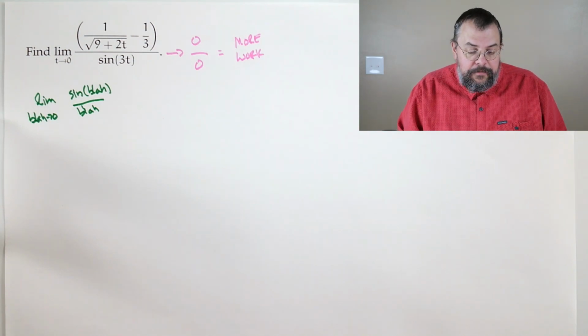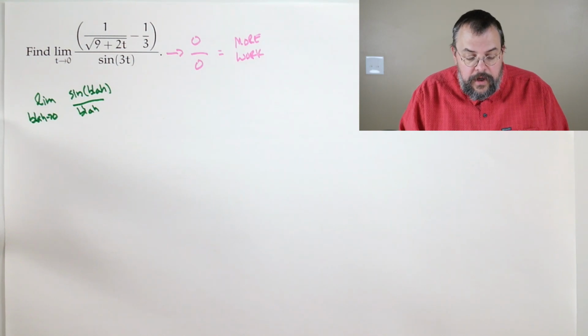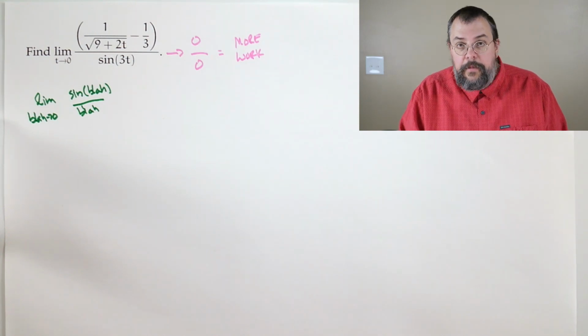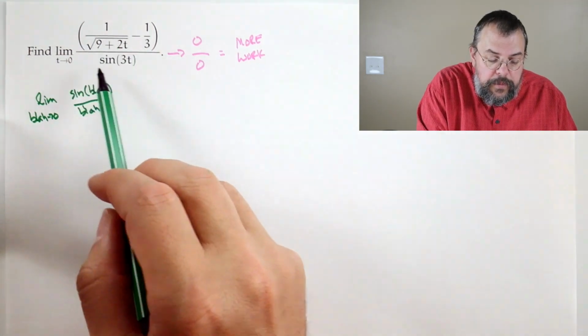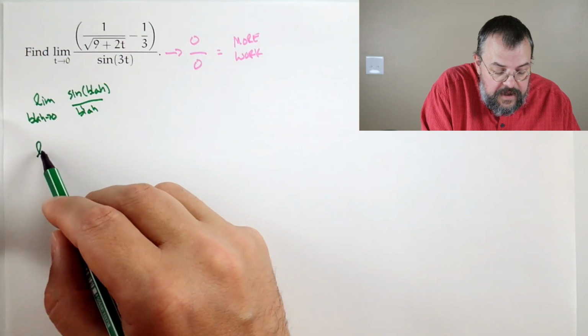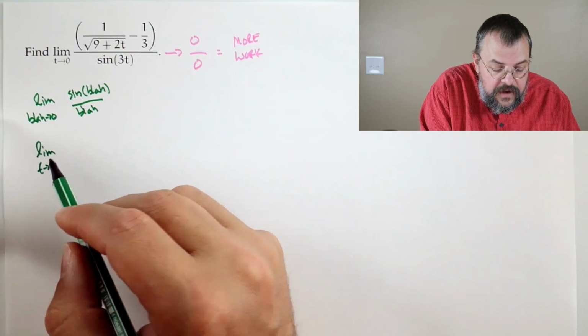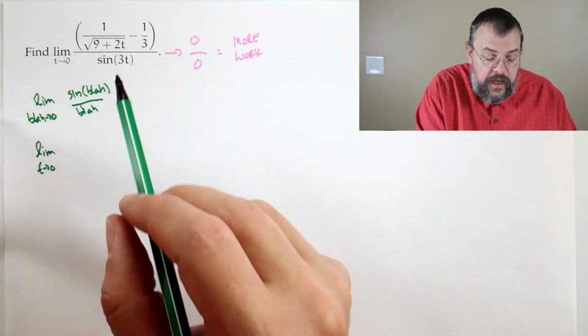So we begin. What can we do? Let's start by putting these terms together. We'll take our limit as t goes to 0, and the common denominator comes from multiplying these two things together.